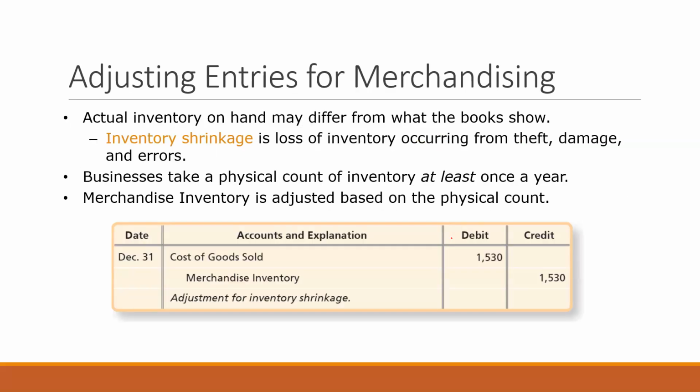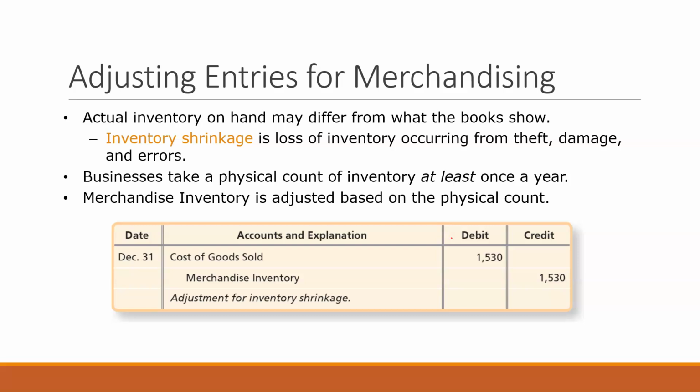So here is an example of that. This is an example of an adjusting entry for merchandising. And this is when the inventory that our computer record says we have does not match what a physical count says. Businesses take a physical count of inventory at least once a year. In fact, if you go to almost any business right now, January is the most popular time for them to take inventory.